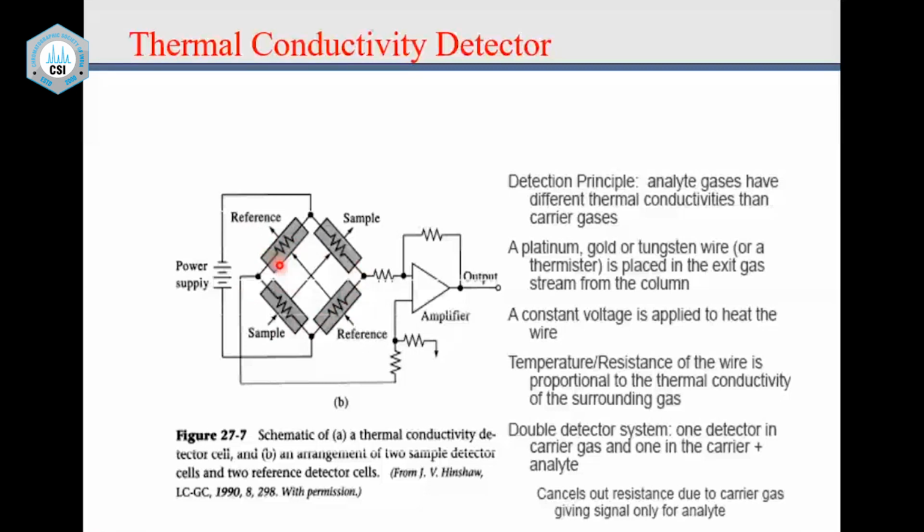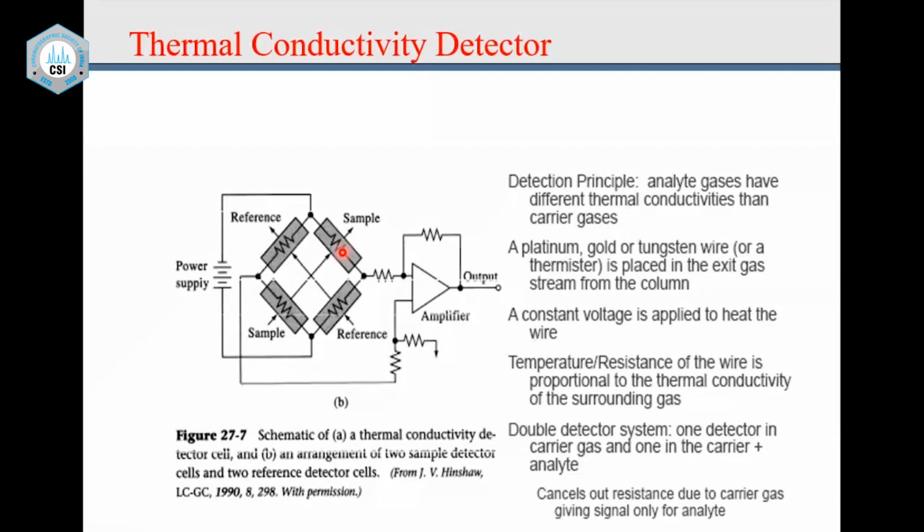Initially, when only the carrier gas is flowing through the system, all the 4 detectors will have the same voltages, same resistances, and because of that, the output at the Wheatstone bridge circuit will be 0. But when a sample comes into the sample compartment of the detector, the sample will be mixed with the carrier gas. The thermal conductivity of the mixture will be different from the carrier gas alone. So because of that, either less heat or more heat will be carried away by the sample, and there is one property of this filament, that it has a positive temperature coefficient of resistance.